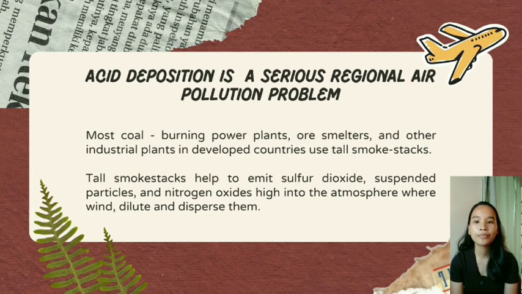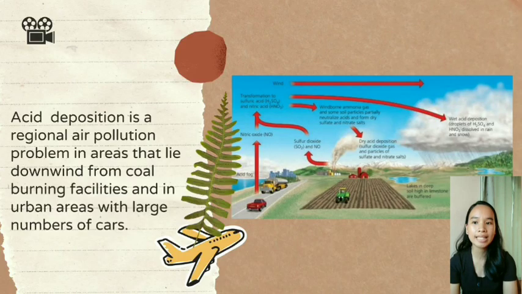During this period, they descend to the Earth's surface in two forms, which are the wet deposition, consisting of acidic rain, snow, fog, and cloud vapor, and the dry deposition, consisting of acidic particles. So the resulting mixture is called acid deposition, as shown in the figure, sometimes called acid rain.